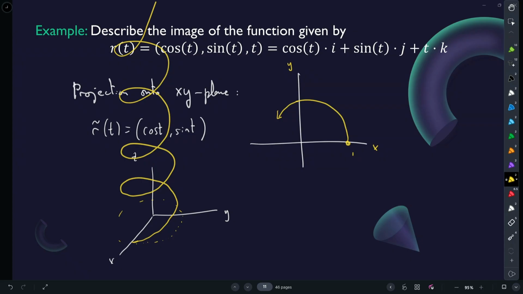But you see, it's keeping the shape, it's always above the circle of radius 1, so it's not spiraling out of control in the xy plane. It's always above this circle of radius 1 in the xy plane, but the z coordinate increases, so it is a helix like that.